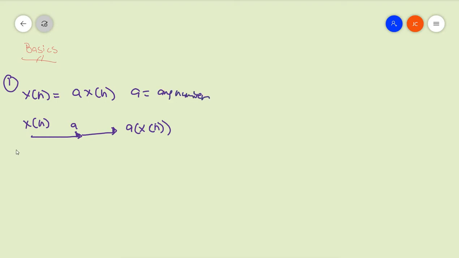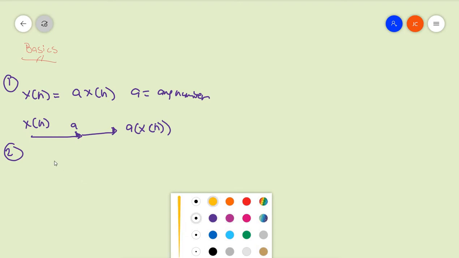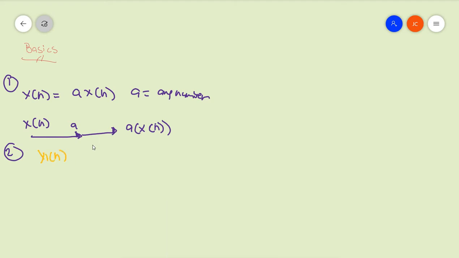Number two is addition. So x1 of n plus x2 of n is equal to y of n.